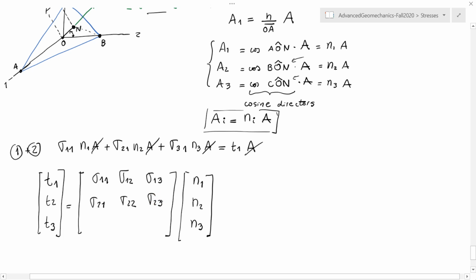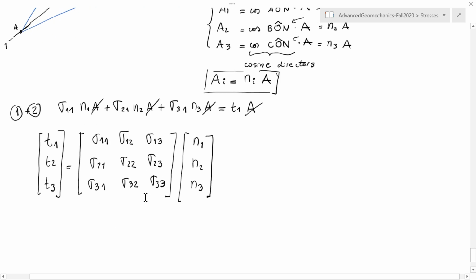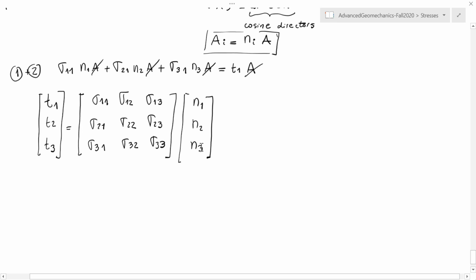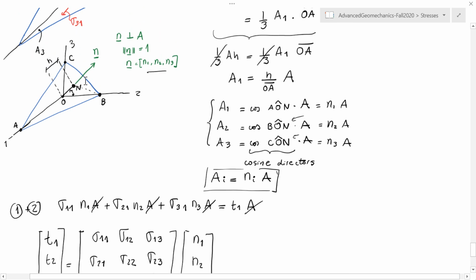That the vector T, the stress T required to keep the solid in equilibrium for this three-dimensional cut that we did on the solid, is going to be equal to the product of the stress tensor times the vector composed by the cosine directors of the vector normal to the plane that I am considering.